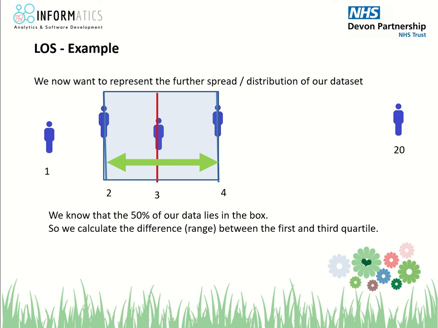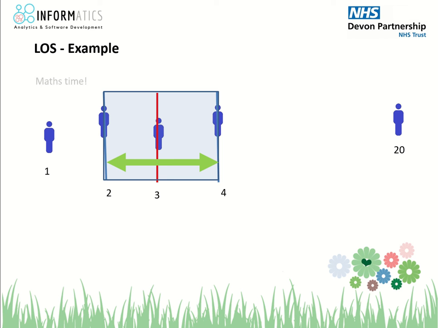Sounds tricky, but basically we just want to know how wide this section here is, which is called the interquartile range. It's the range between the 2 quartiles. Again, not tricky maths. We're talking about quartile 3 minus quartile 1, which is literally 4 minus 2, which gives us an answer of 2.